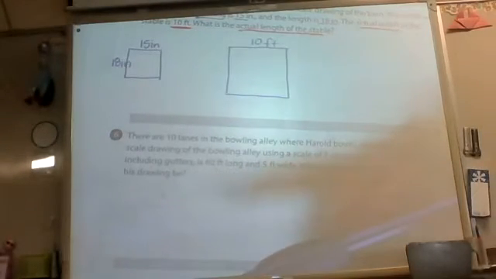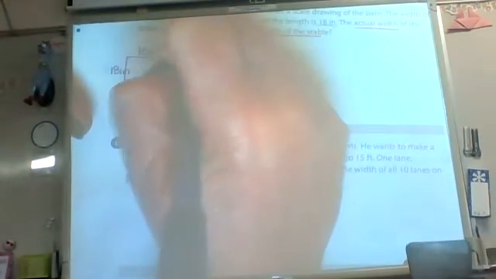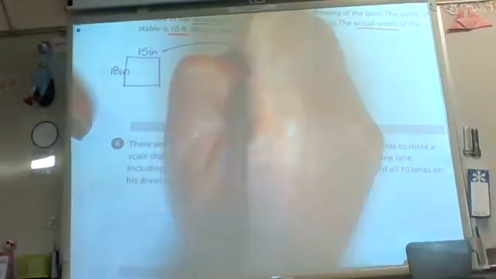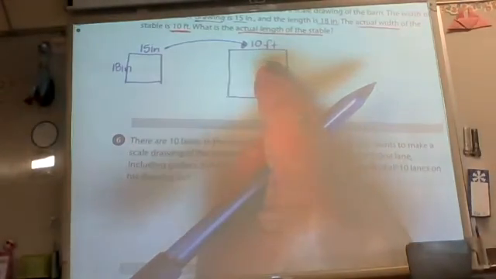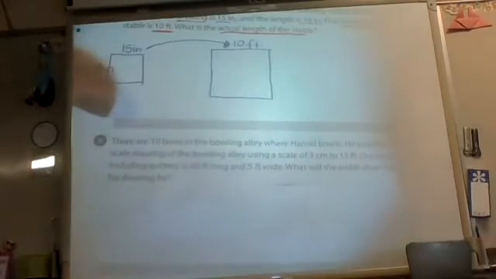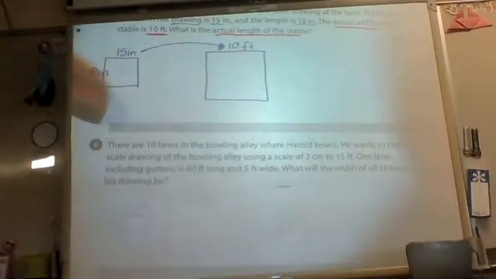Pay attention. I saw a lot of people ask, what did I do to 15 to get 10? A lot of people looked at it that way. So they did 15 divided by 10 and said they divided it by 1 5/10.